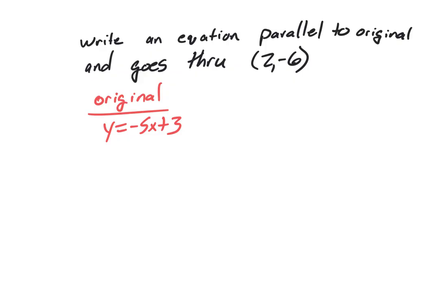Okay, what's the slope of this equation? -5. Okay, so m is -5. And I'm going to tell you right now, one of the things that probably confuses or messes people up on this one more than anything else is, where do I use this 3? Well, you don't, okay?